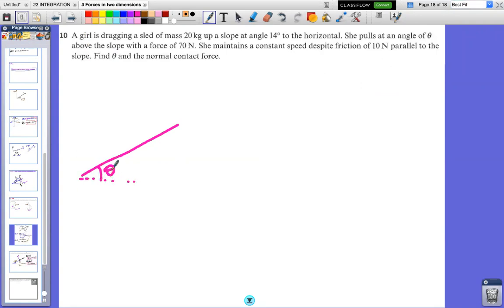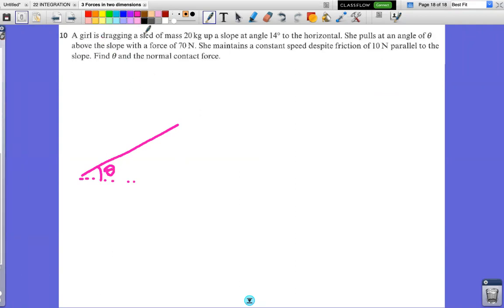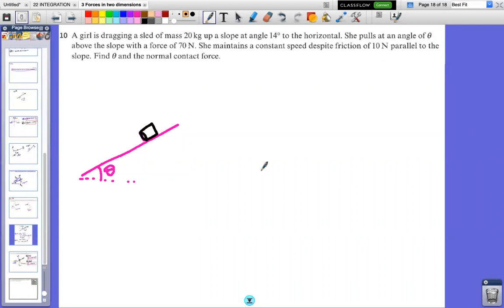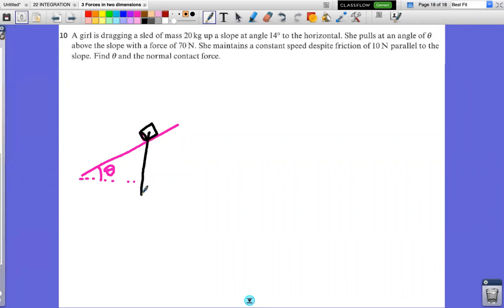So the angle is theta. She's dragging a sled of mass 20 kilograms. So the weight is 200 newtons. And we are told that she's dragging this sled at an angle of 14 degrees to the horizontal.